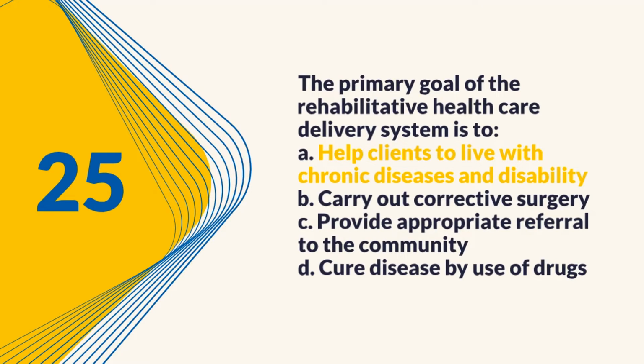The main aim of rehabilitative healthcare is to help clients manage and live with chronic diseases and disabilities, improving their quality of life. This involves ongoing support and therapy, rather than curing diseases with drugs, D, or corrective surgery, B. So, the correct answer is A.